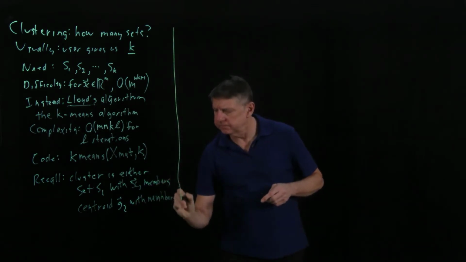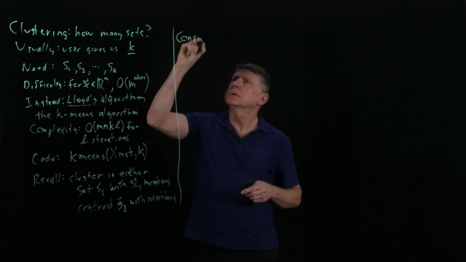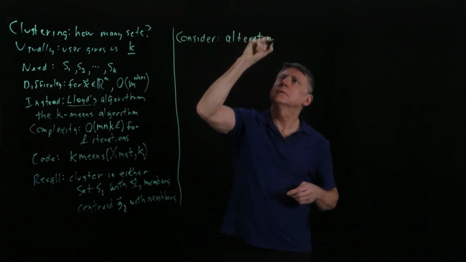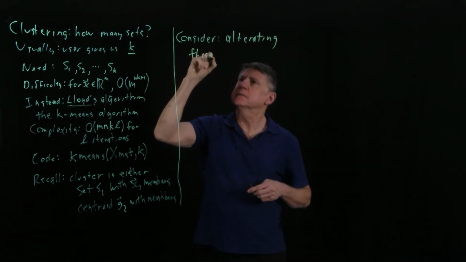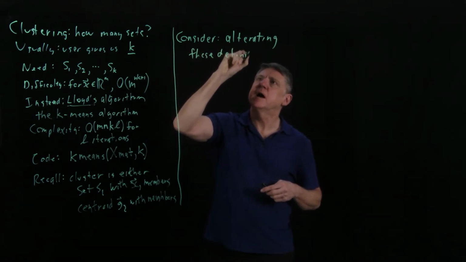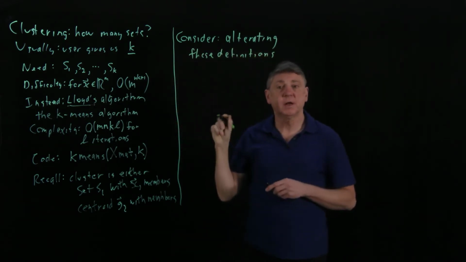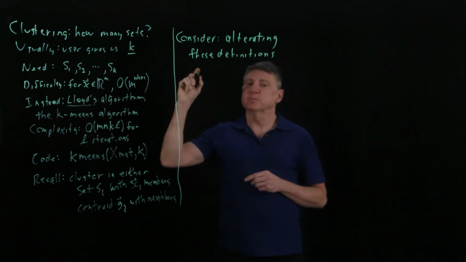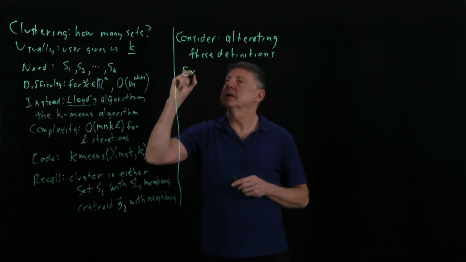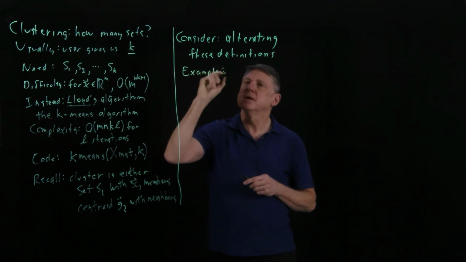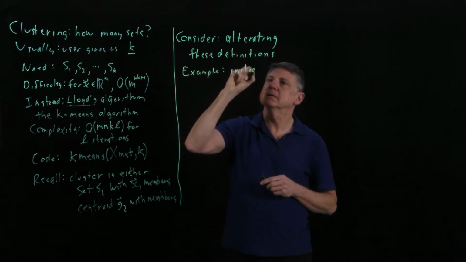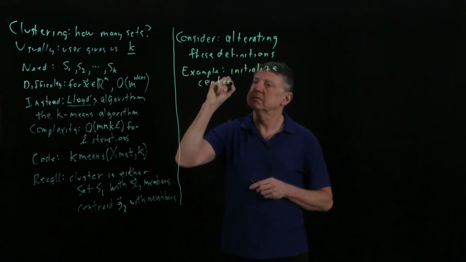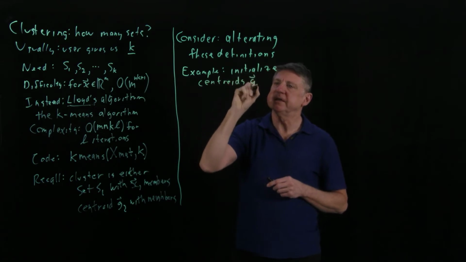Let's consider alternating these definitions. By alternating, I mean let's suppose that we apply one definition to a set of data, and then we apply the other. So, for example, let's suppose that we initialize the centroids gi.